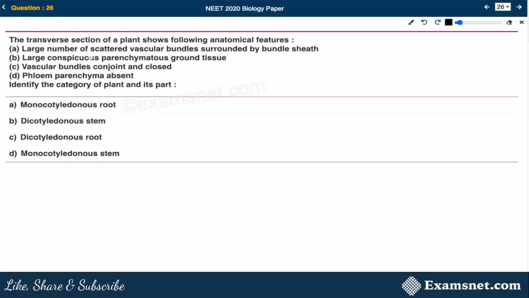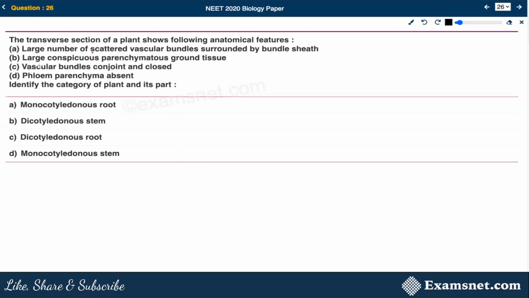So if you just look into the different categories, that means the different options that have been given over here: monocot, dicot, monocot root, dicot stem, dicot root and monocot stem. Now the first statement, a large number of scattered vascular bundles, is a characteristic feature of monocot.